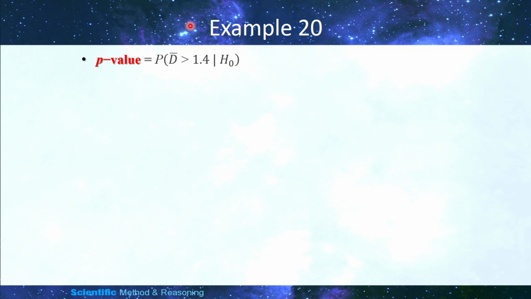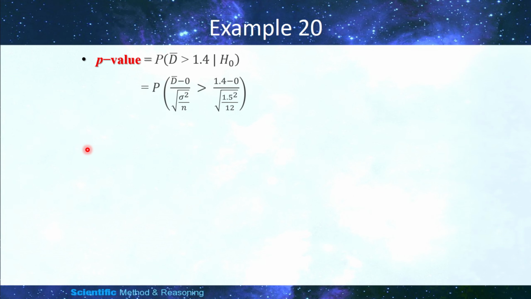So the condition is: what is the probability of obtaining this test statistic 1.4 or an even worse one with respect to the null hypothesis, meaning further away from 0 represents even worse. So that means the probability that d bar is greater than 1.4 under the null hypothesis.